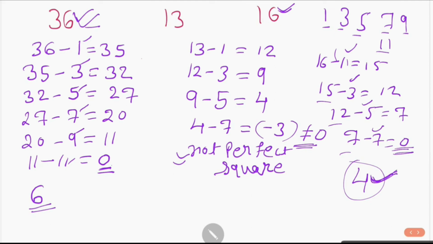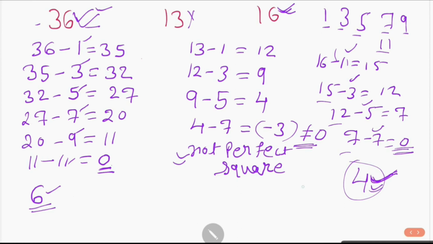So with this process we can get two things: whether any given natural number is a perfect square or not, and for what number it is a perfect square. Like 36 is the perfect square of 6 and 16 is the perfect square of 4.